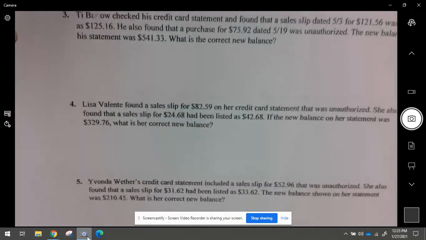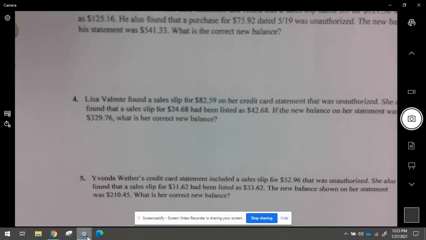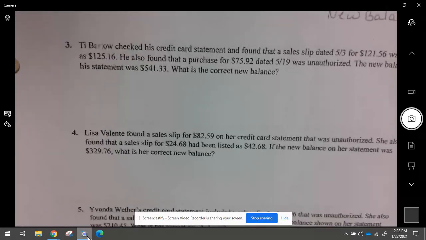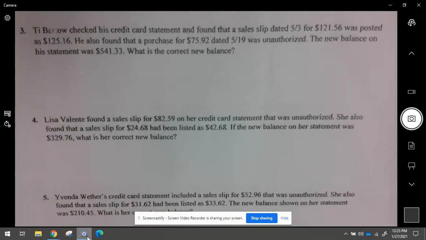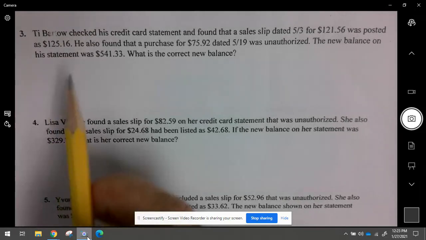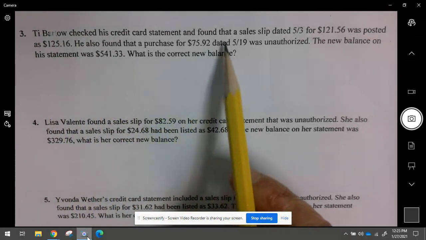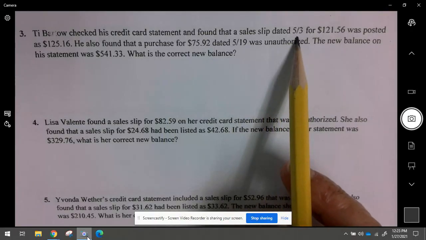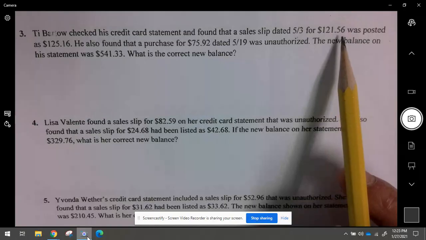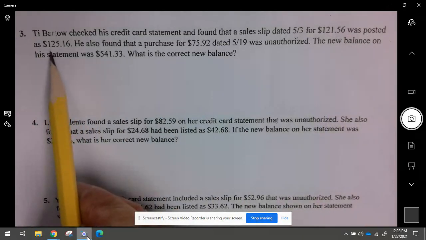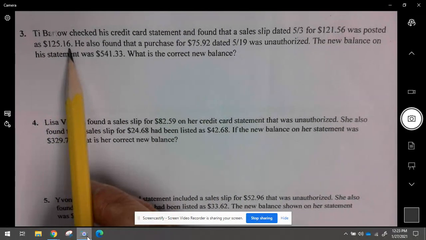Okay, number 3, we have Ty Barrow. Oops, go back up. All right. Ty Barrow checked his credit card statement and found that a sales slip dated on May 3rd for $121.56 was posted as $125.16.